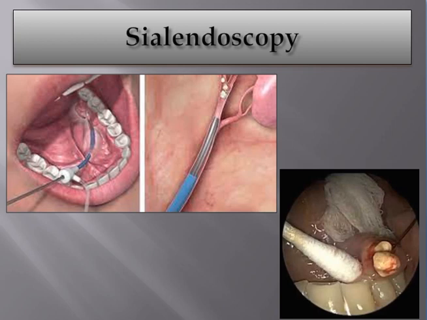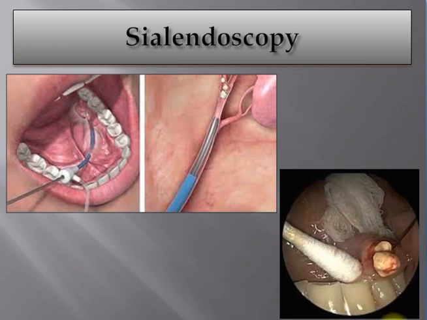Impacted submandibular stones within the distal duct and stones larger than 5 mm should have treatment with transoral duct slitting. Stones of 5 to 7 mm within the proximal duct or hilar region should receive initial treatment endoscopically. If this is unsuccessful or the stone becomes impacted, the next step is a transoral surgical approach.